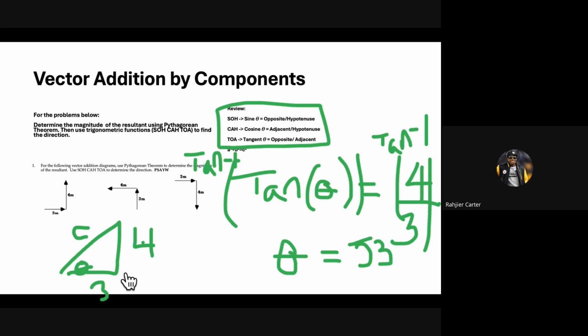I got 71.56. It's just 4, the division sign, 3, and then hit tan inverse.